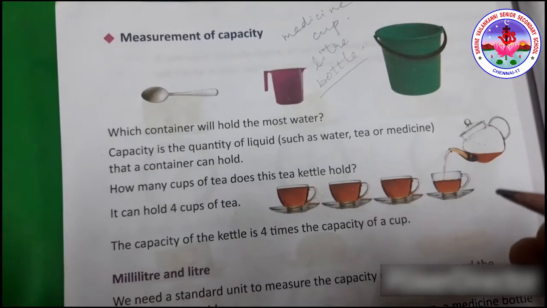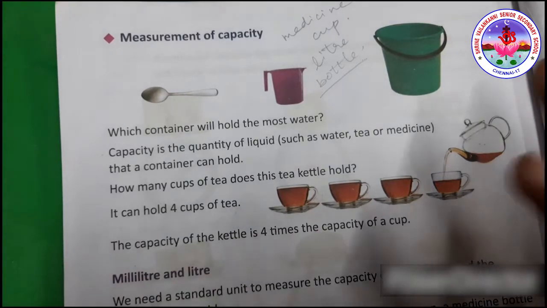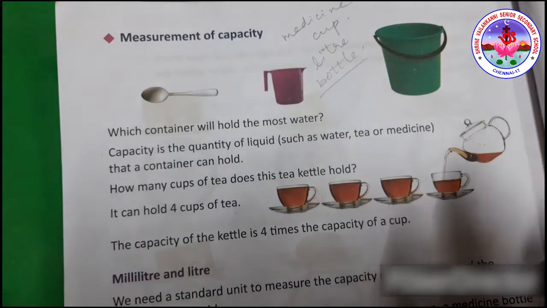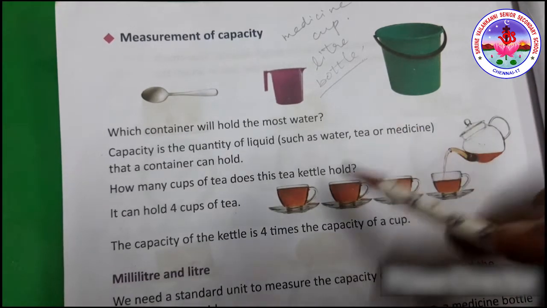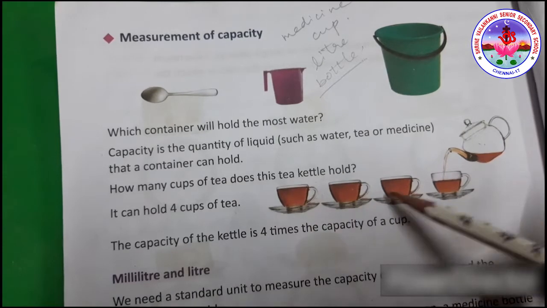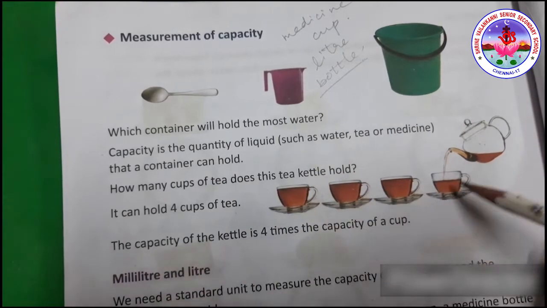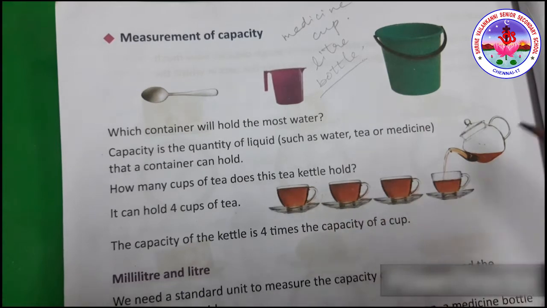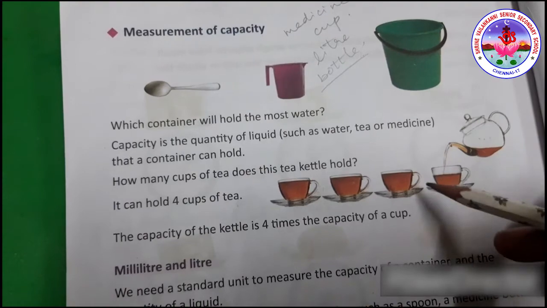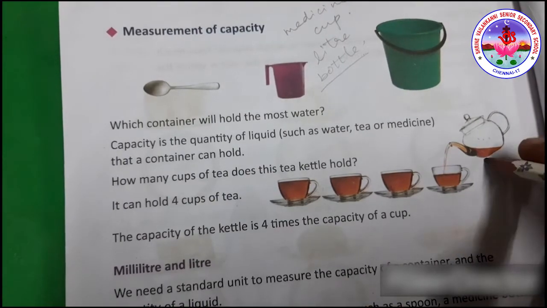We used to compare weight and length using another object, the same thing. If you fill it, it will be equal, and here it will become empty. That means the capacity of 4 cups is equal to the capacity of 1 kettle. Now this is a non-standard way of measuring capacity.